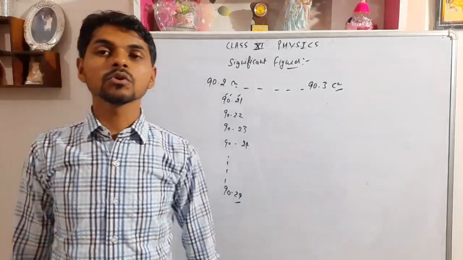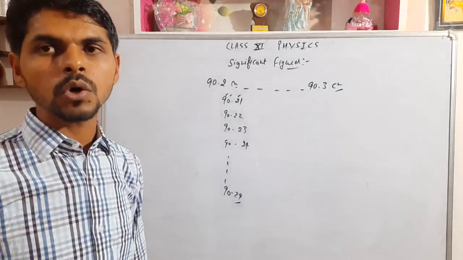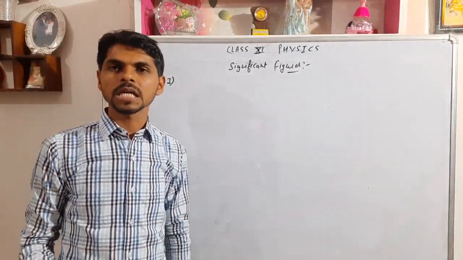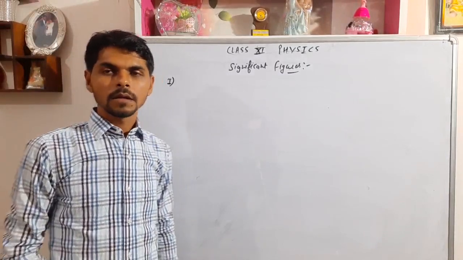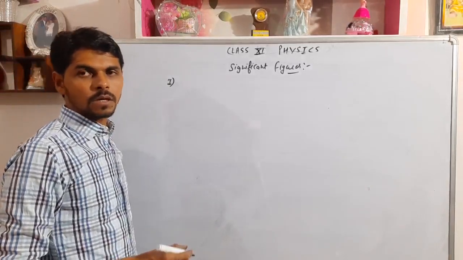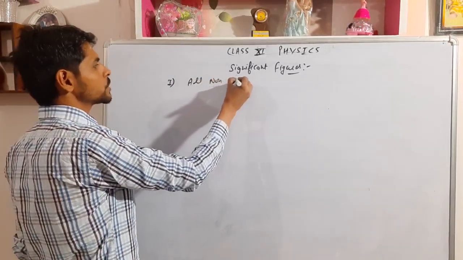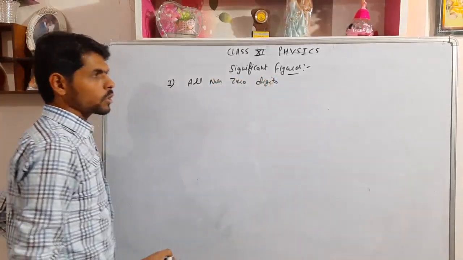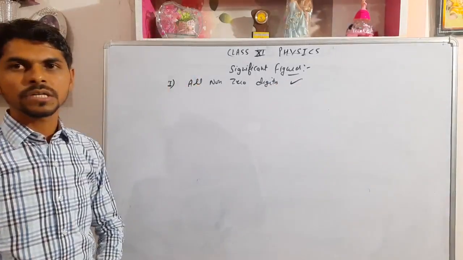So there are some rules to find the significant figures in a given number. So what are the rules? I am going to define the rules now. Listen carefully. If a measurement is given, all non-zero digits in a number are significant.